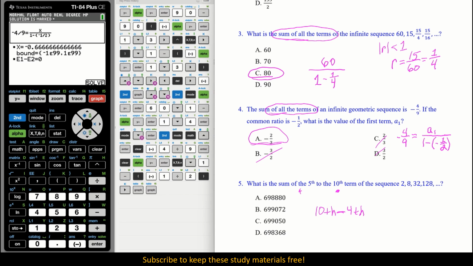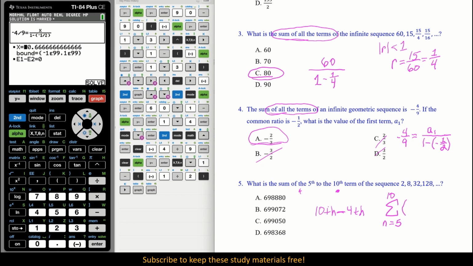Or we can use summation. If we set up summation, the glitch is that we would have this, and it says 5 to 10. But we'd have to use a different equation.